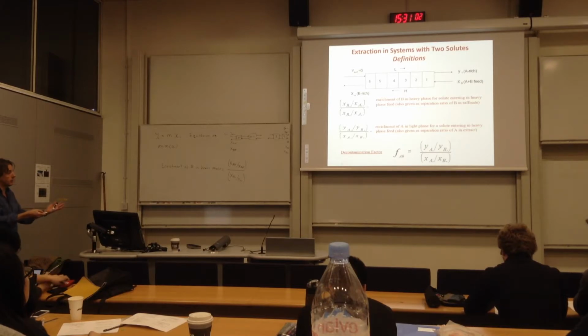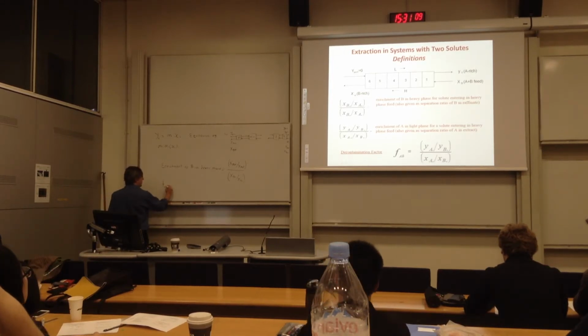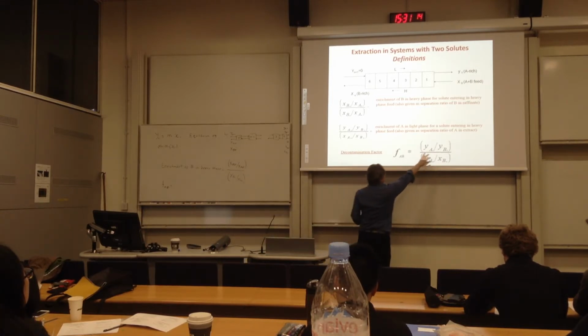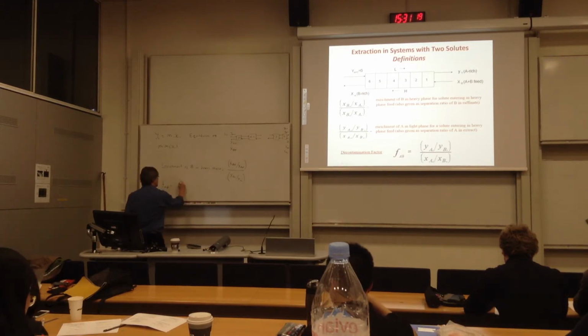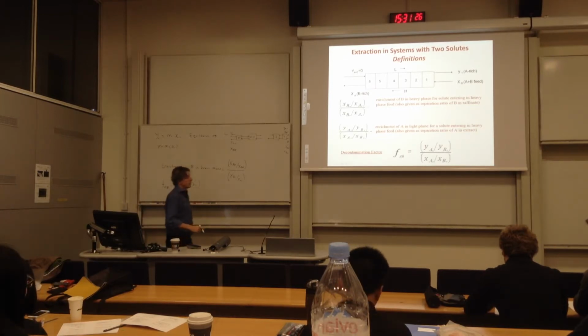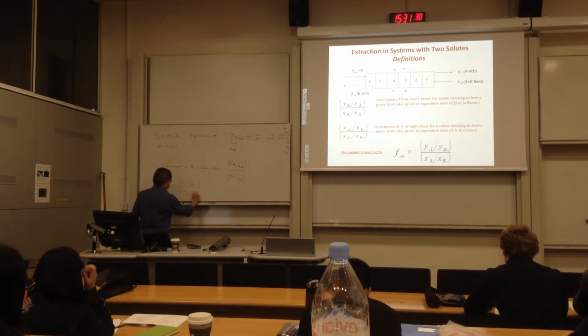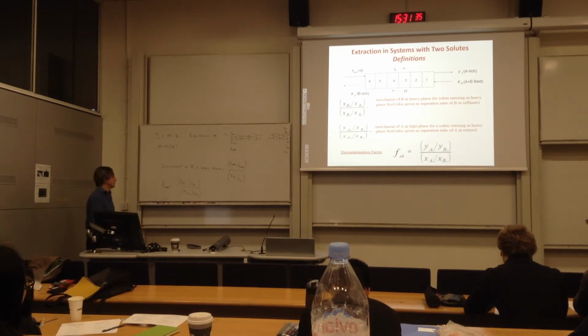As you can see, the definitions are the same. What we call the decontamination factor is basically something that will assess how much A has been transferred here. So we will have the concentrations in the light phase, that ratio, A to B in the light phase, over, again, XA0 over XB0.